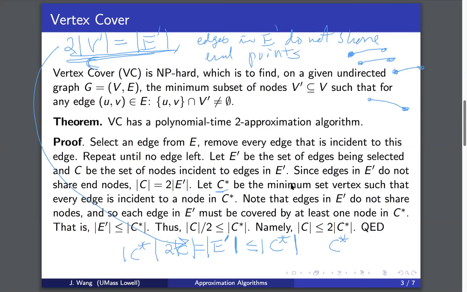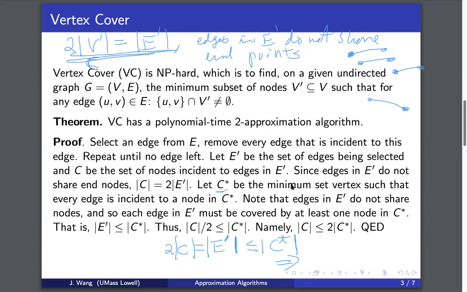So that means that C star, okay, you put C over, so from here we get, so you get, sorry, I put this 2 wrong, right?